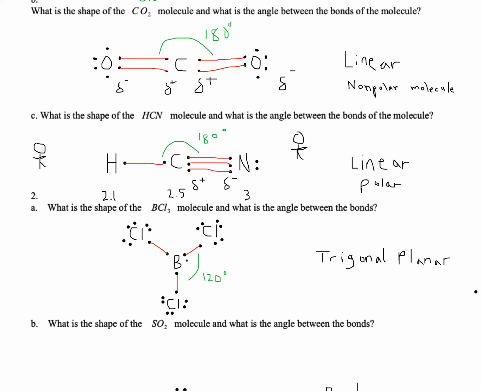Okay, when it comes to the BCl3 molecule here, we want to, first of all, take a look at the geometry of it. It's trigonal planar, meaning that all the atoms reside in one plane with a 120-degree angle between the bonds. So there's a radial symmetry to that. If you're standing on this side of the molecule, you'll be near a chlorine, for example.